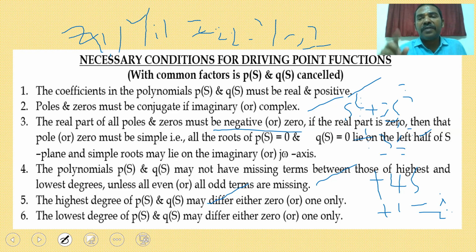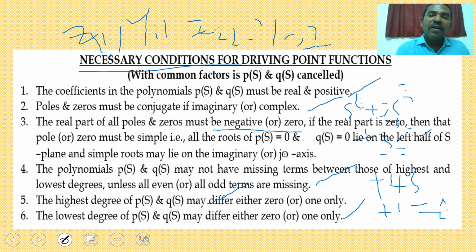Numerator s power 5 and denominator s power 4, it is differing by 1. It accepts both conditions. If it is s power 5 and s power 1, it does not satisfy the necessary conditions for highest degree or lowest degree. So this is the necessary condition of the driving point impedance.